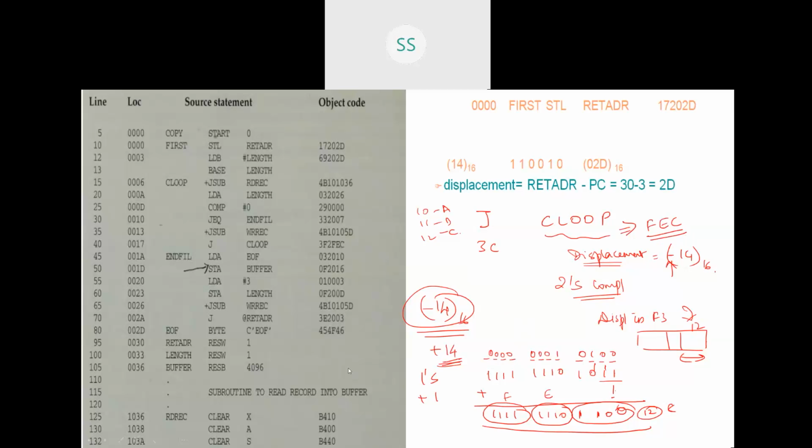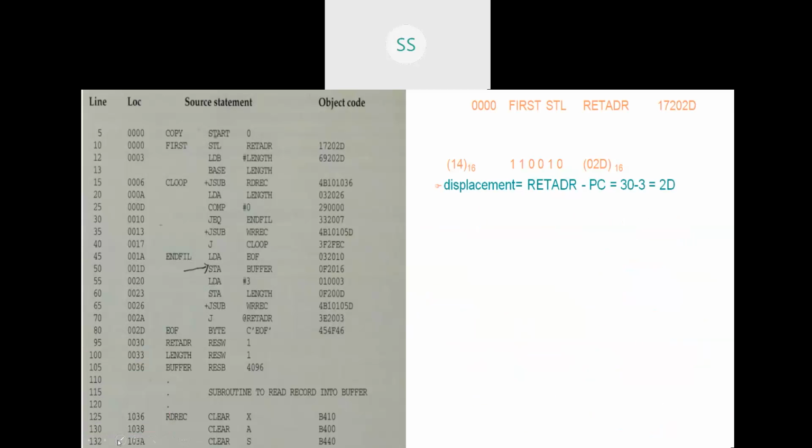Okay. Keeping all that in mind, now I'm going to write my instruction. That is, I've got JC loop. And within the displacement, negative FEC. And even the value I had got it as 3C. So my instruction format, I have 1, 2, 3, 4, 5, 6, that is my opcode.